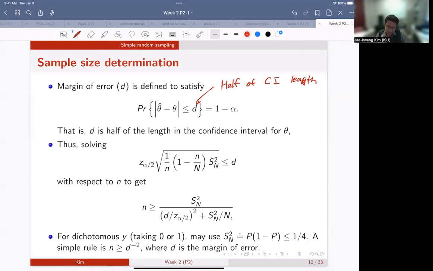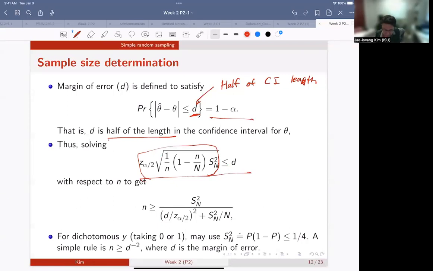So smaller d means it's more accurate, but you probably need a larger sample size. So yes, half of the length of the confidence interval. Because of the central limit theorem, we know that this guy can be computed by this one. So to achieve this goal, we need to solve this inequality.